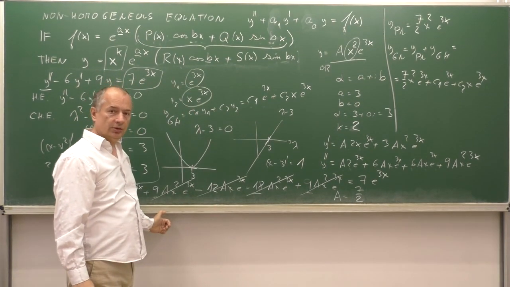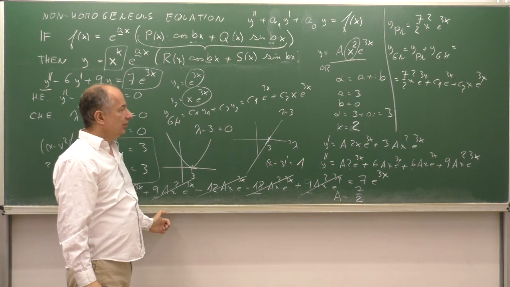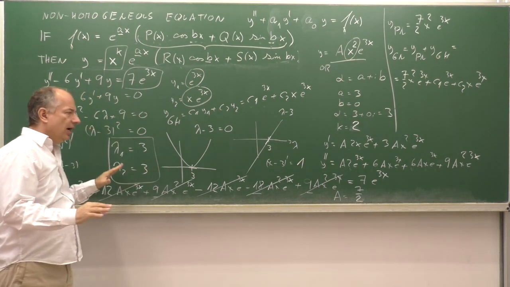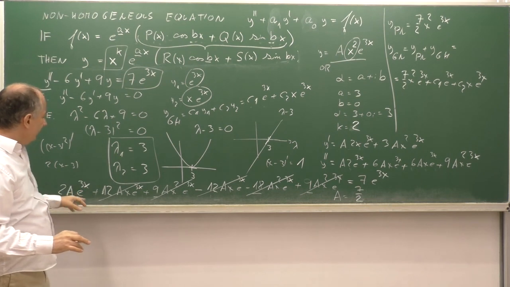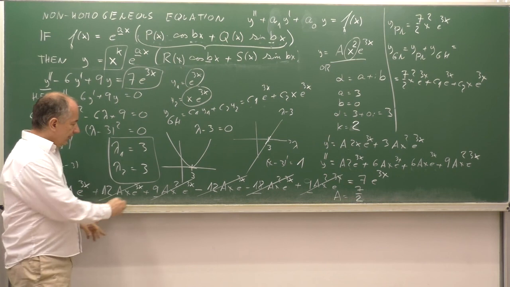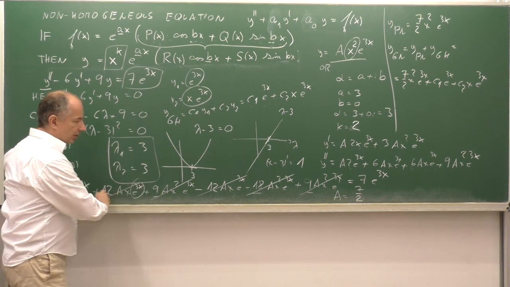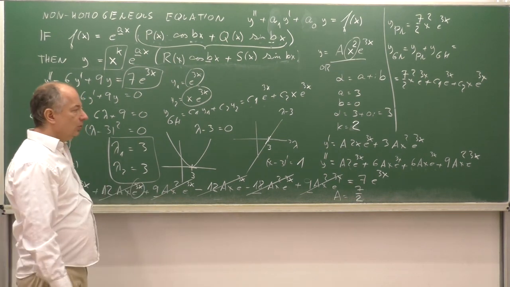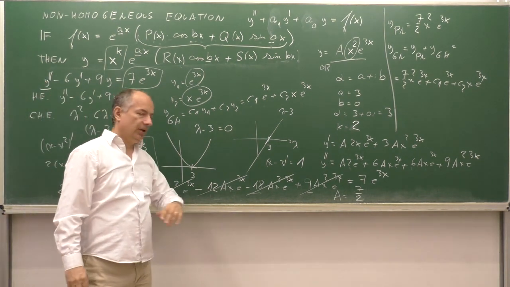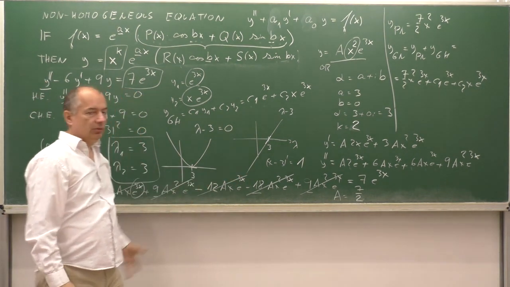So this is the general solution of the non-homogeneous equation. We could save some time and some writing if we omit e to 3x, because this factor, you see, is in each term. So we could make a convention that we will divide by e to 3x, and then the writing would be a little shorter.